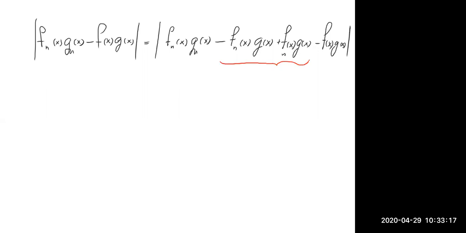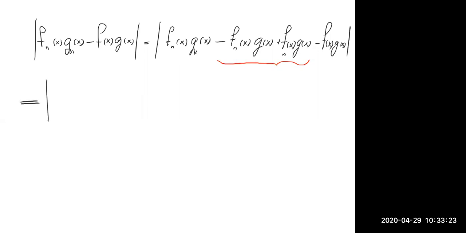So rather than Fn(x)Gn(x) minus F(x)G(x), I would write it like this: Fn(x)Gn(x), and I would add and subtract this term, Fn(x)G(x), plus Fn(x)G(x), and then minus F(x)G(x). These two are equal because the added terms cancel and we end up with FnGn minus FG.